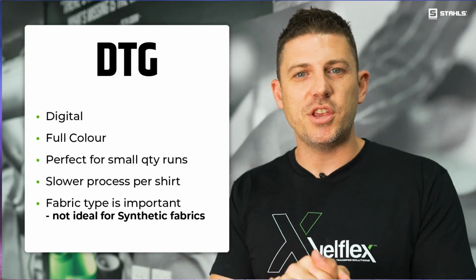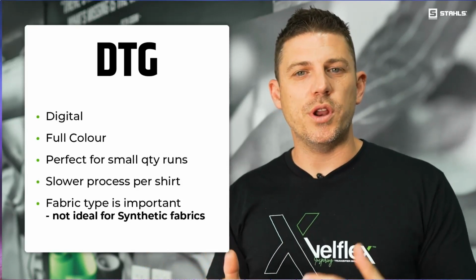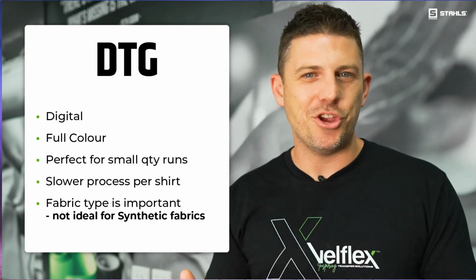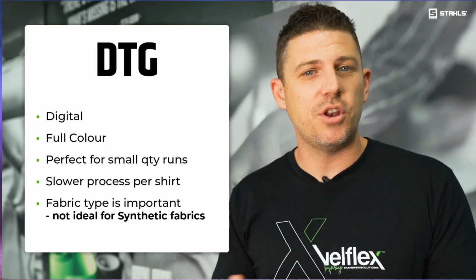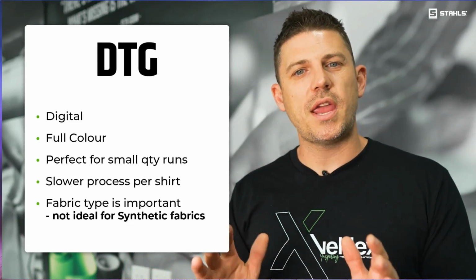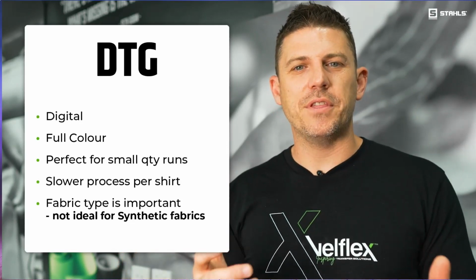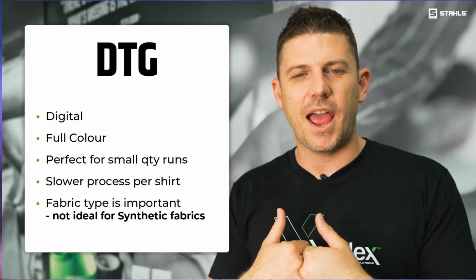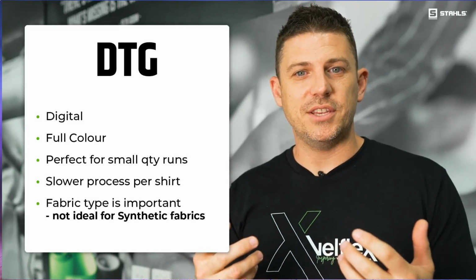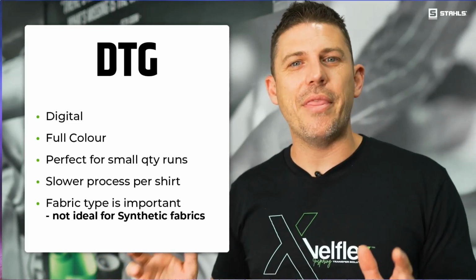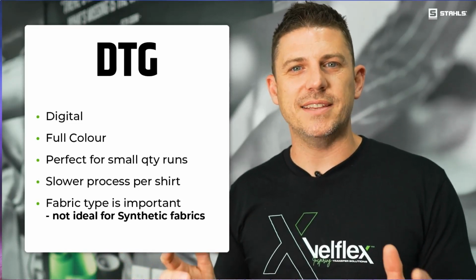Where DTG is really suited is if you were doing a 1, 2 or 3 unit design, 5 units, 10 units, 20 units even, no problems at all. But we're talking lower quantity units for the type of order that we've received, okay? The benefit is you could have 20 different designs for 20 different garments, and that's totally okay with DTG, right?